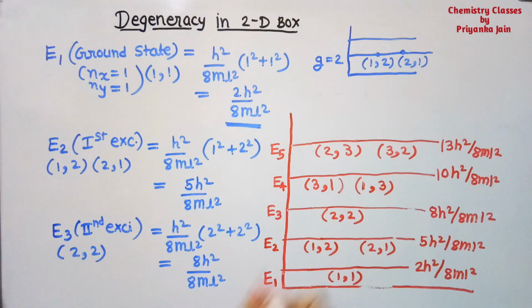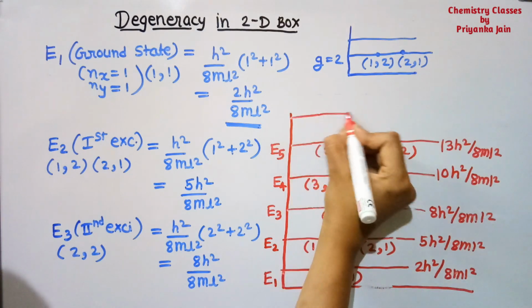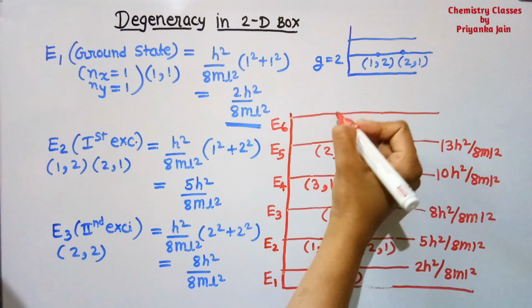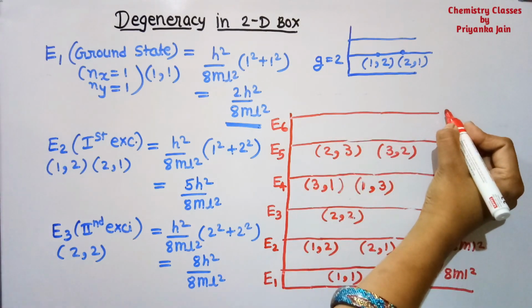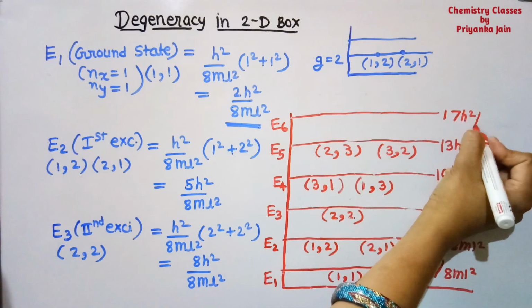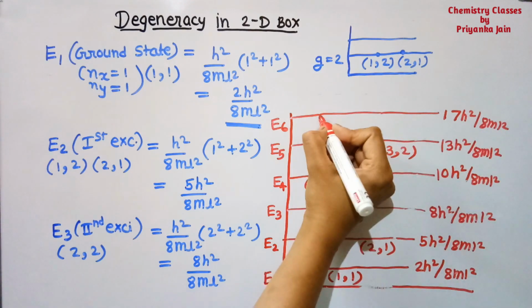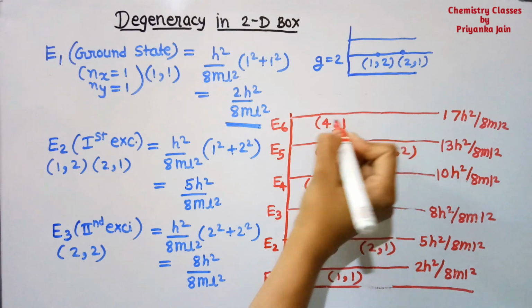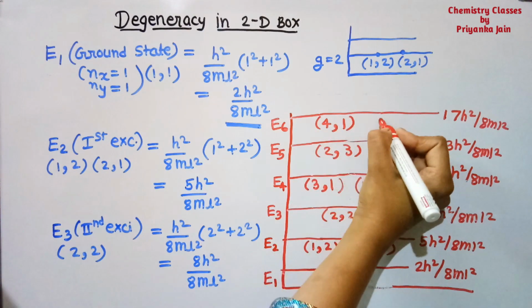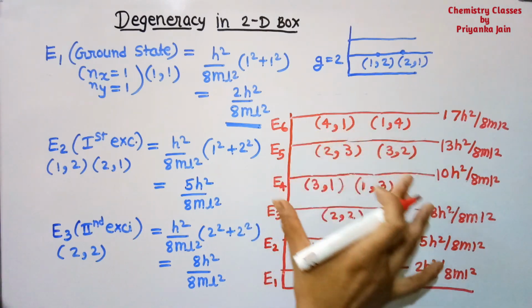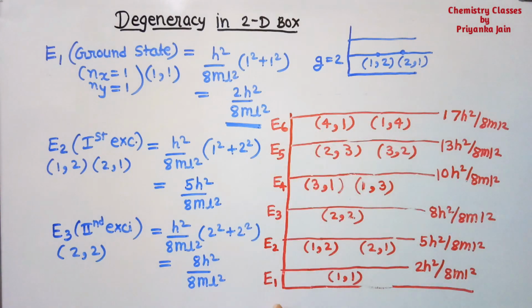Next level may be E6, and this will have the energy 17h² upon 8mL². And this level will be when one quantum number is 4 and another one is 1. So this will also be doubly degenerate. In this way you can make a chart for the degeneracy, right?